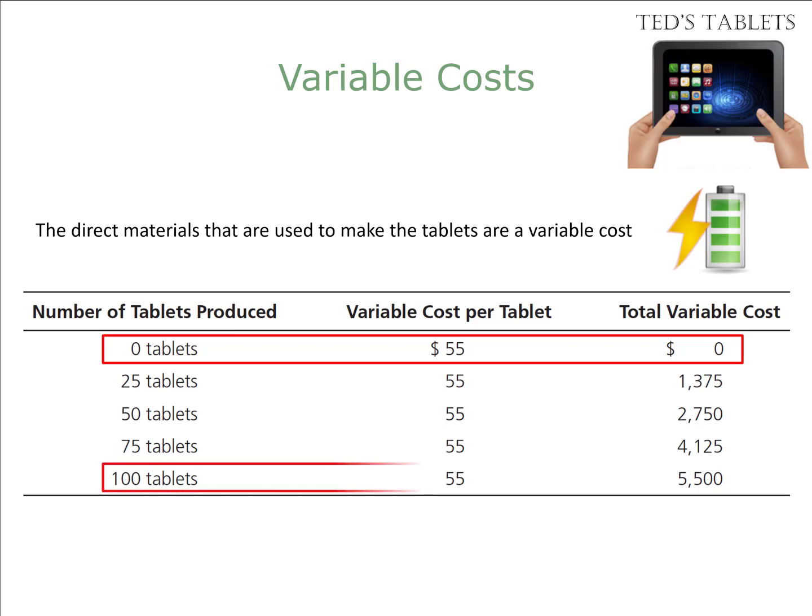But if they produce 100 tablets, they'll have a total variable cost of $5,500. We get that by multiplying 100 tablets times the $55 per battery. So keep in mind the variable cost per tablet remains the same at $55. But the variable costs in total vary depending on the volume of touchscreen tablets produced.